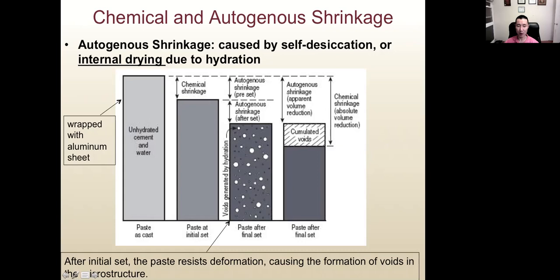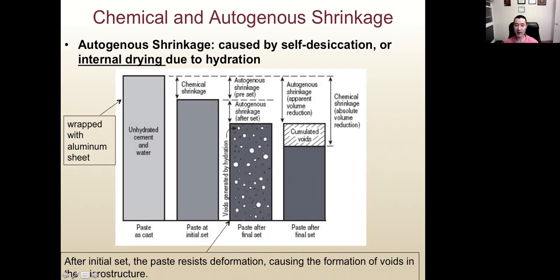However, after initial set, the cement paste forms a solid and has some strength, and it will try to resist this further deformation, more chemical shrinkage. So that will cause the formation of voids inside the microstructure.